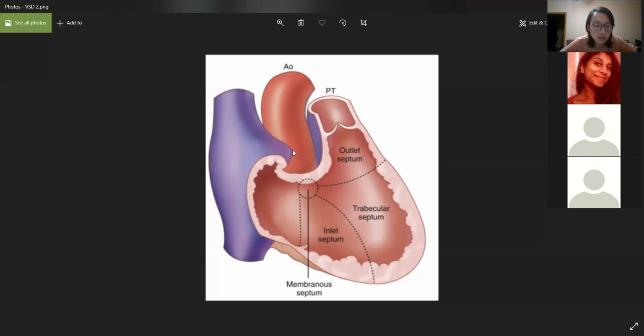Synonyms include perimembranous, paramembranous, subaortic, you see the aorta is here, it's just under the aorta, and the last synonym, conoventricular VSD.